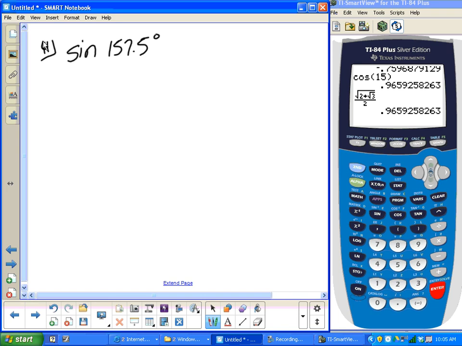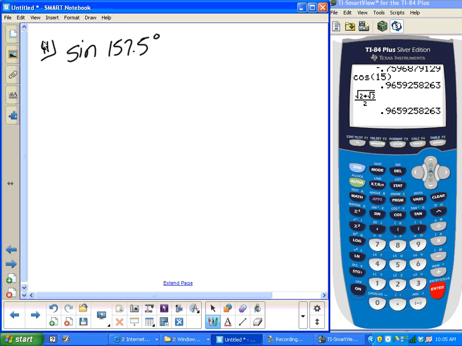I think the one on your sheet is cosine. Right. I'm just going to do sine. So if I do sine, you can figure out cosine.